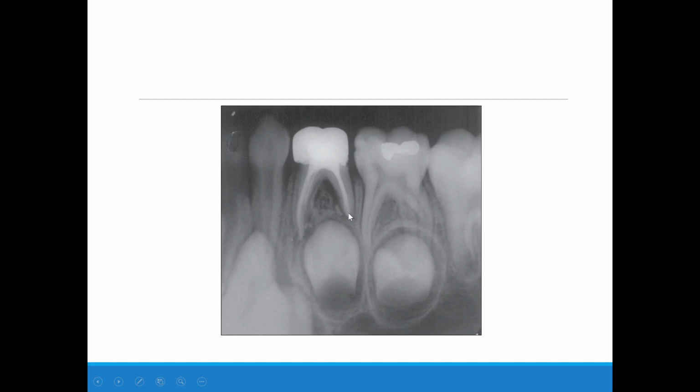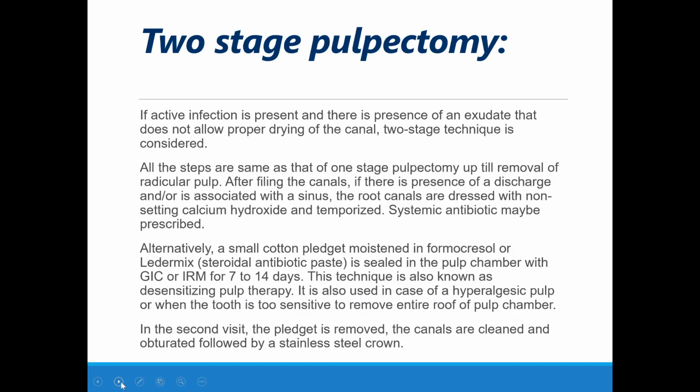Two-stage pulpectomy. If active infection is present and there is presence of exudate, for example when we have acute pulpitis or exacerbation of pulpitis, I told you this diagnosis is an indication for pulpectomy, and we can't have proper drying of the canals, we perform the two-stage technique.